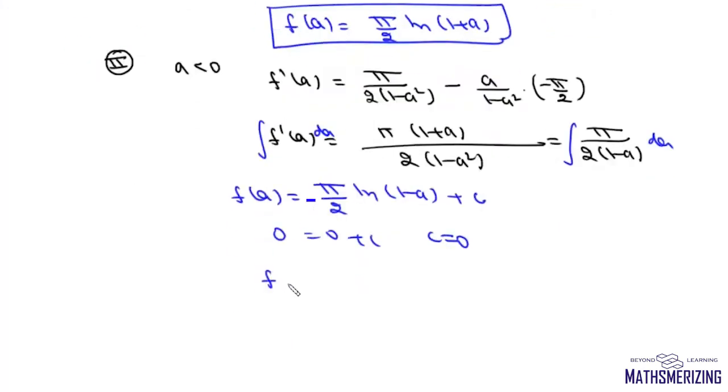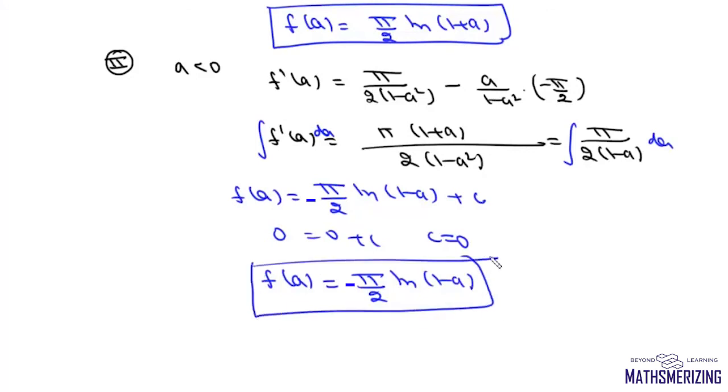In that case, we'll get the value of this integral as f(a) equals pi by 2 log 1 minus a. So the value of this integral is pi by 2 log 1 plus a if a is greater than or equal to 0, and it'll be pi by 2 log 1 minus a when a is less than 0. And this is how we prove such questions.